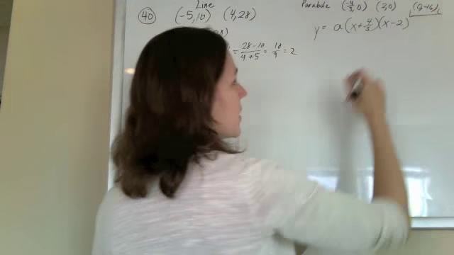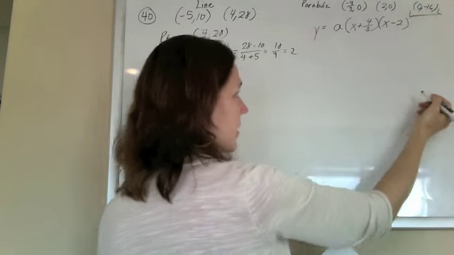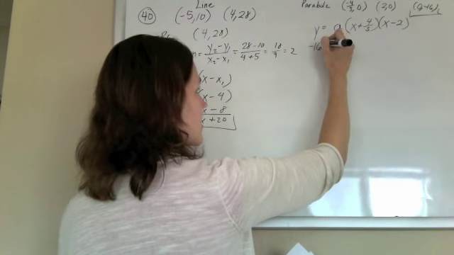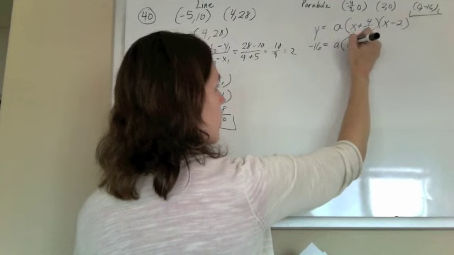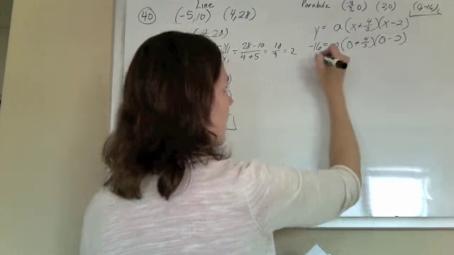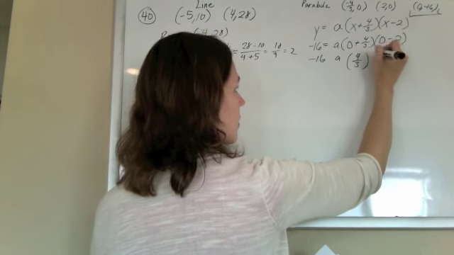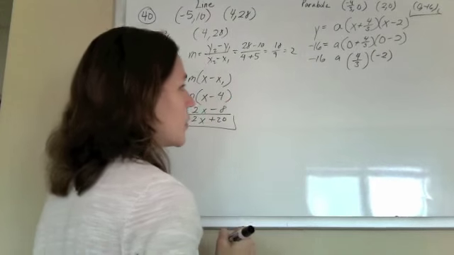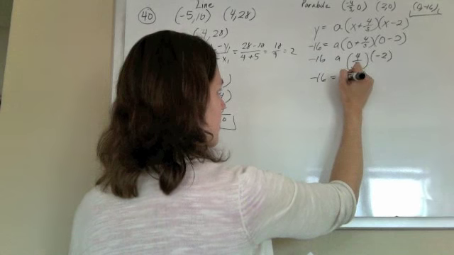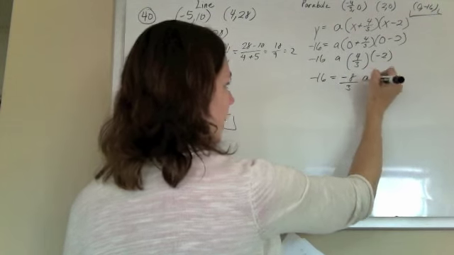Unfortunately, they gave me another piece of information. I know that when x is 0, y is supposed to be -16. So if I plug in a -16 for the y, when x is 0, I can solve for a. So 4/3 times -2. So I've got -16 equals -8/3 times a.